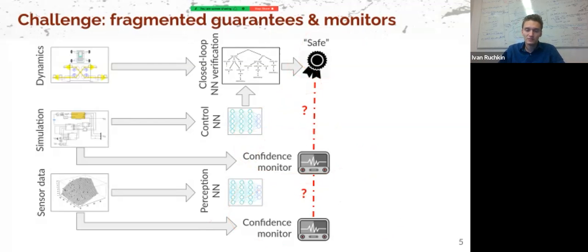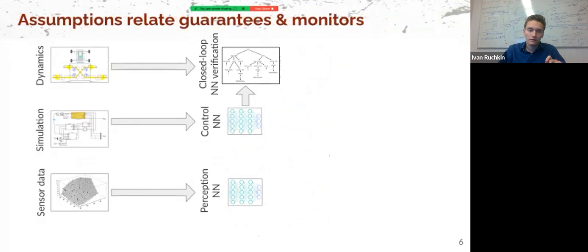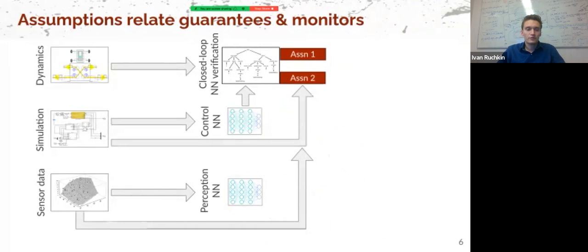So let me redraw this picture a bit and try to clean it up using the idea of verification assumptions. Instead of generating confidence monitors right away, let's encode the information from the simulation and sensor data in our verification model as assumptions.